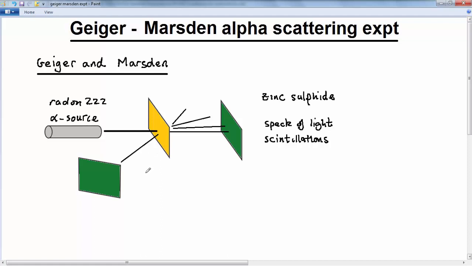As a result, they clearly had to abandon the plum pudding model for the atom and find a new model. The task of finding a new model for the atom came to Ernest Rutherford, who defined what is now known as the nuclear model for the atom.